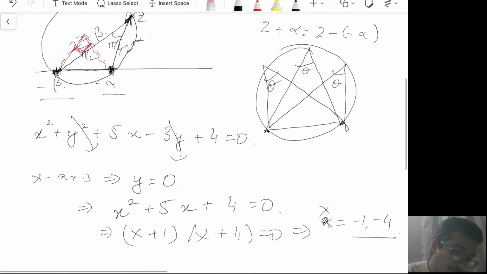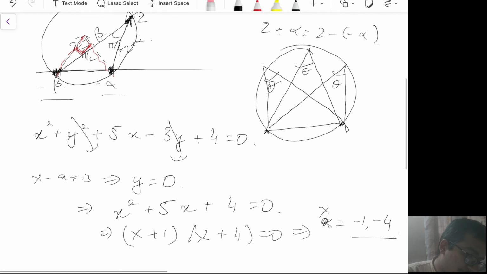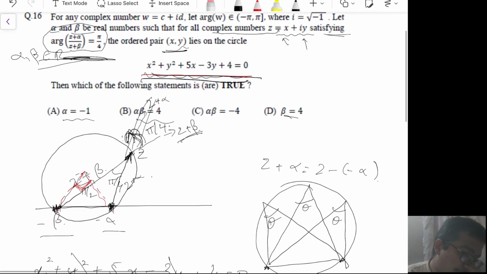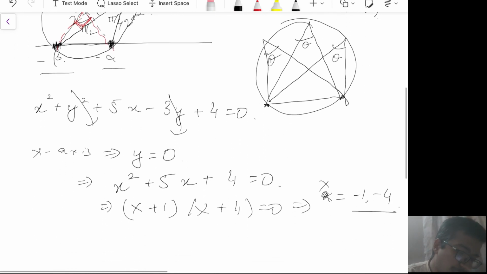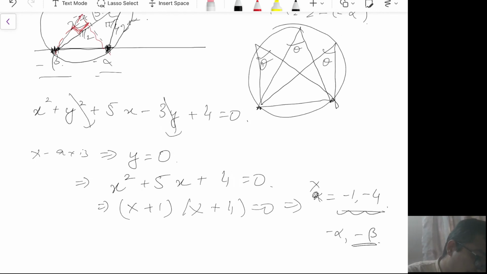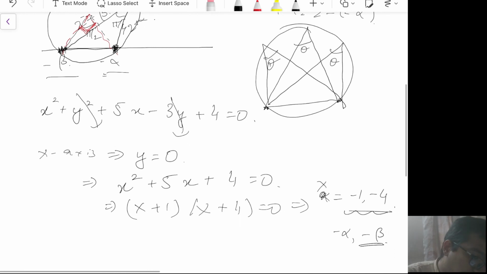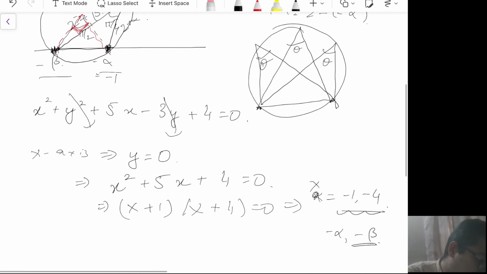Here x can be either minus 1 or minus 4, so minus alpha can be minus 1 and minus beta should be minus 4, because minus alpha should lie to the right of minus beta.